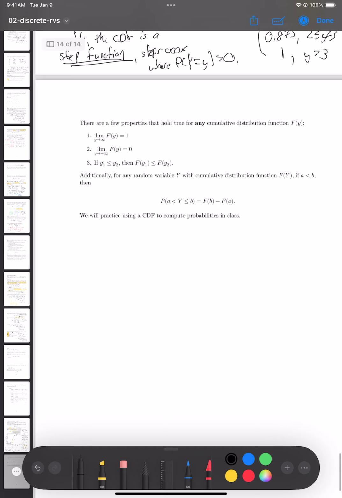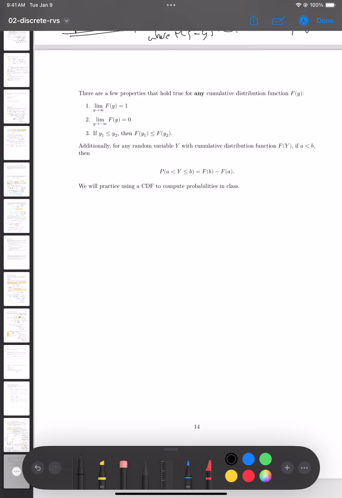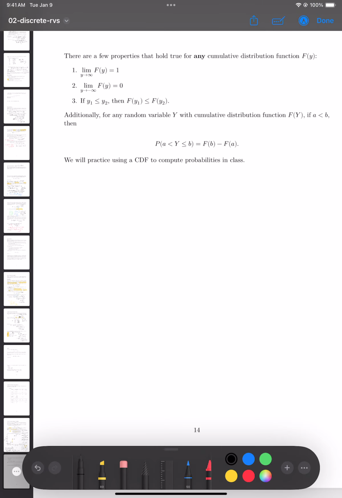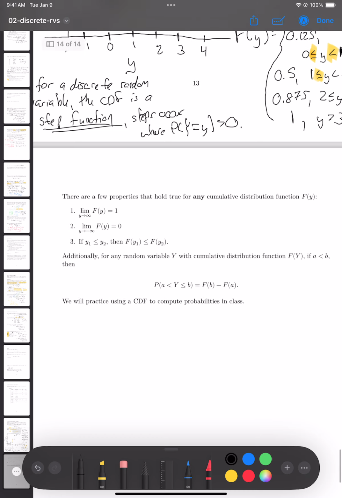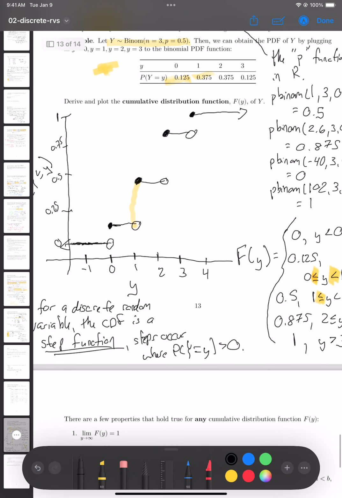The final part of this video will talk about a few properties of these cumulative distribution functions, all of which we could see from the graph. The first two are a couple of limits. As y goes to infinity, eventually this property says that we will reach a point where the CDF is 1.